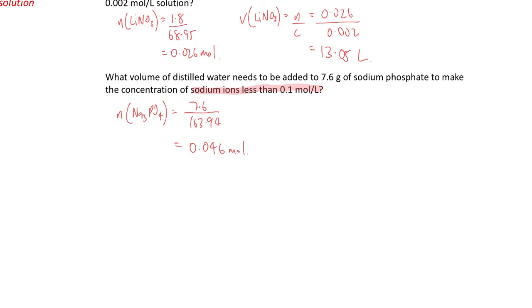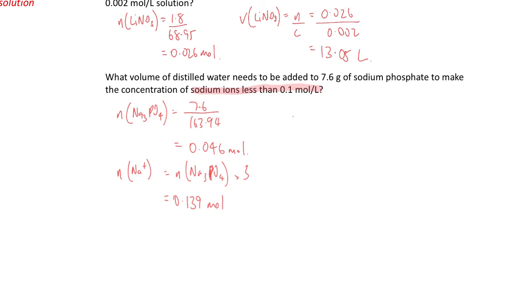Okay, what's next? Now we're going to work out the number of moles of sodium ions from the number of moles of sodium phosphate, which will be equal to that times 3, because there are 3 sodiums per sodium phosphate. So times that by 3 will get you 0.139 moles. Right, that's how much I've got there.